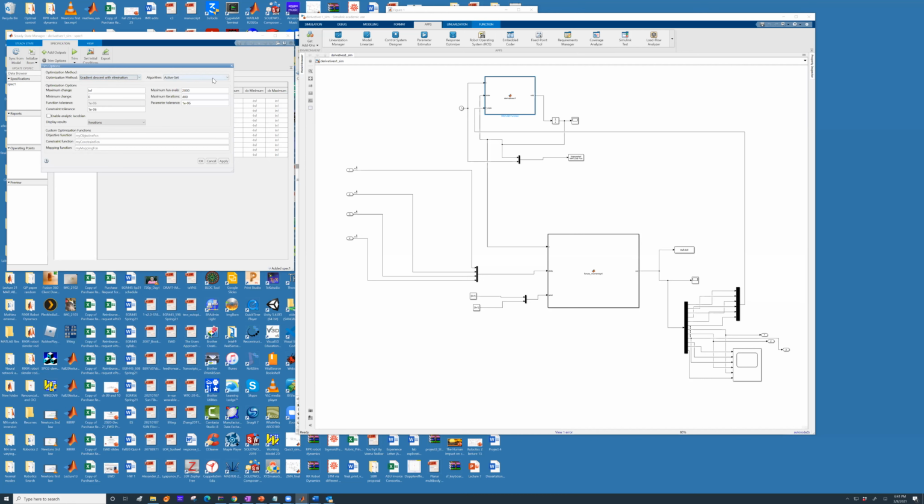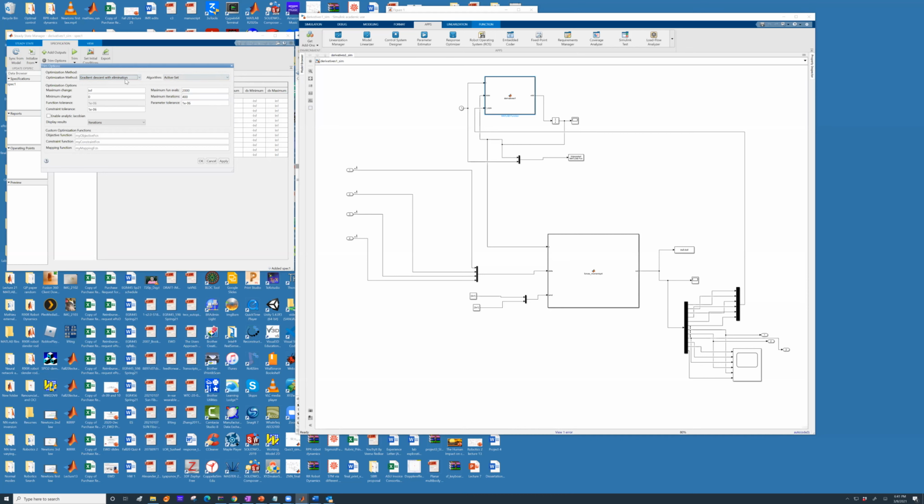For example, gradient descent has active set, interior point, trust region, and sequential quadratic programming. If you do simplex search, you don't have any options. Nonlinear least square has 2 options, nonlinear least square with projection has 2 options, and gradient descent with projection has 4 options.